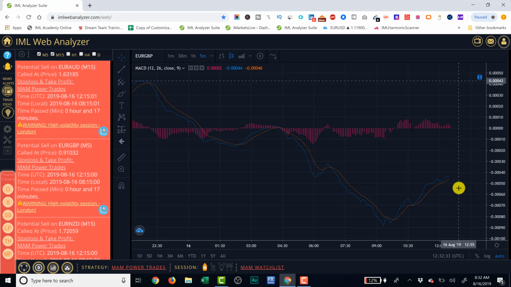Euro pound. Oops. This is very slow. The lot size 3.